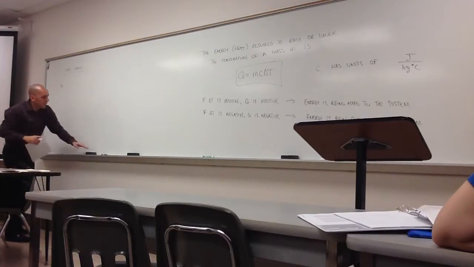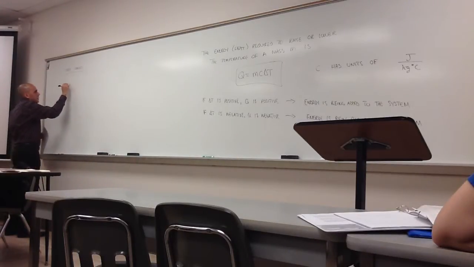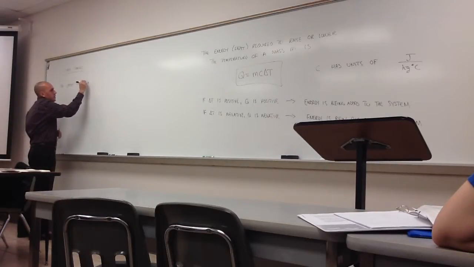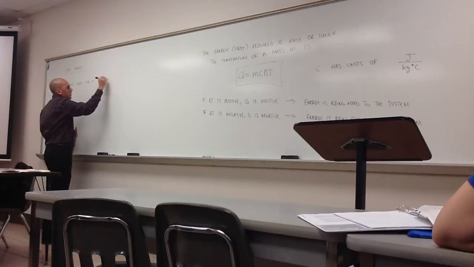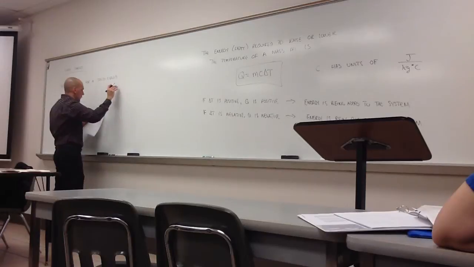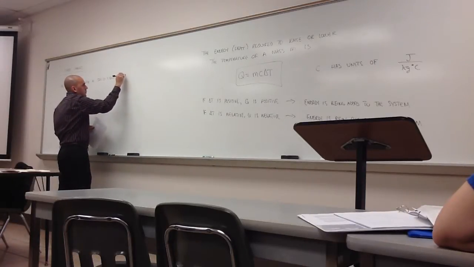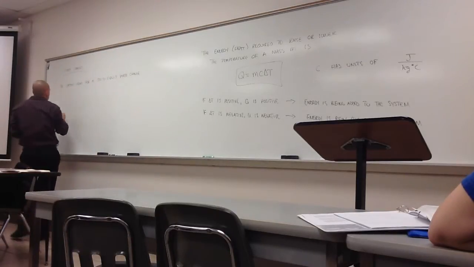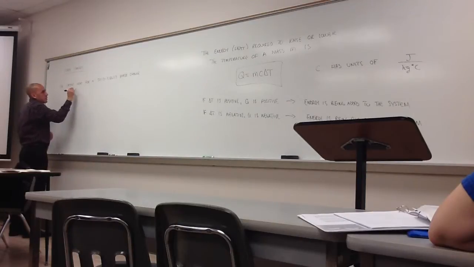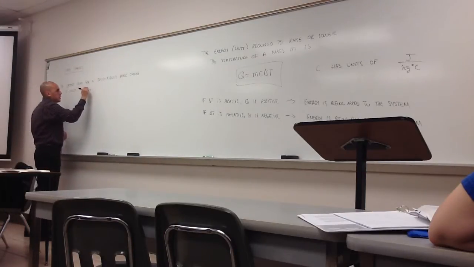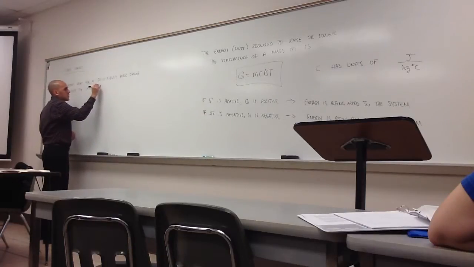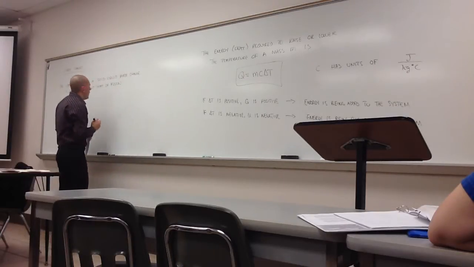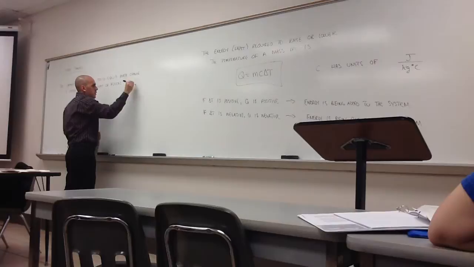To discuss the phases, we need to define the latent heats. For a solid to liquid or liquid to solid phase change, the latent heat for this phase change is called the latent heat of fusion, and we use an L_F for that.